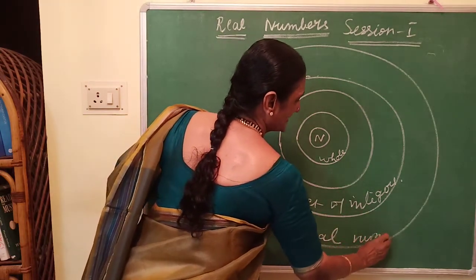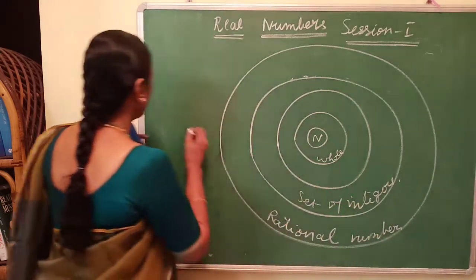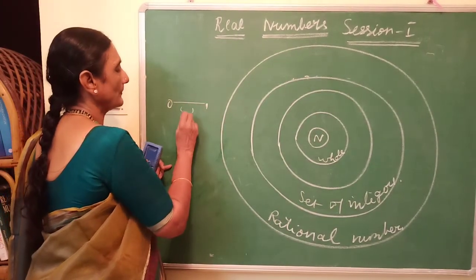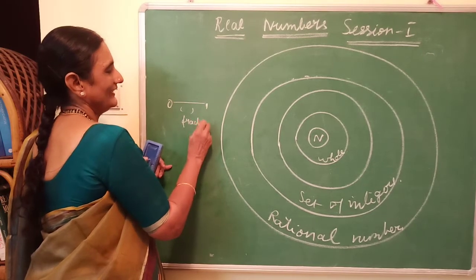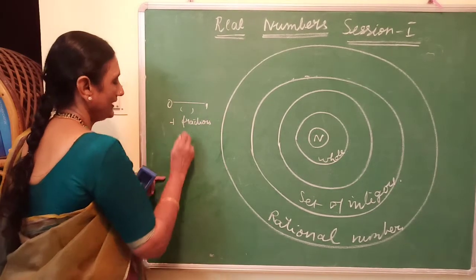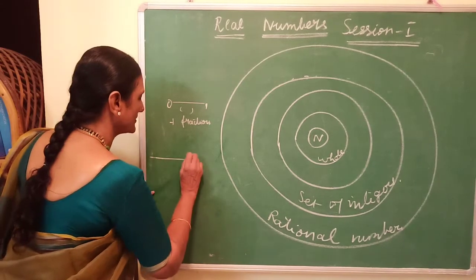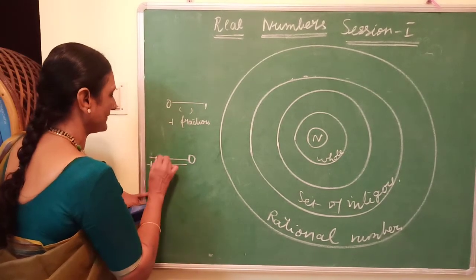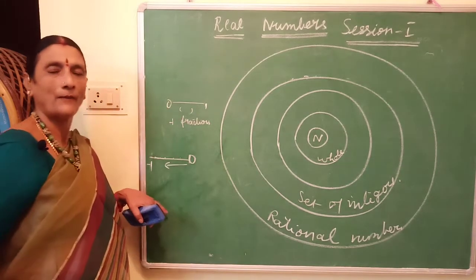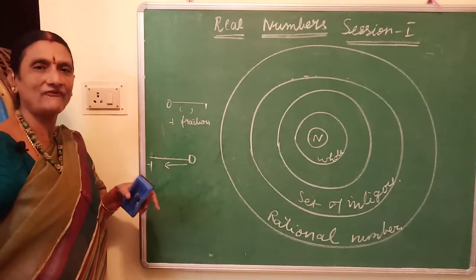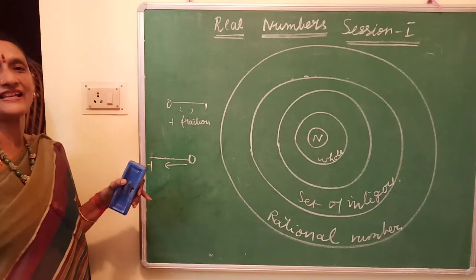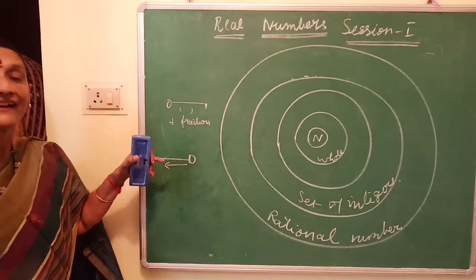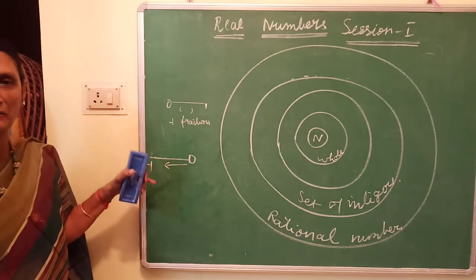In order to understand better, when we say that between 0 and 1 there are so many positive fractions, in the same way between minus 1 and 0, so many points are there, and each and every point is a negative fractional number.